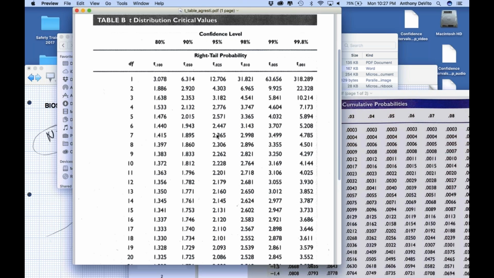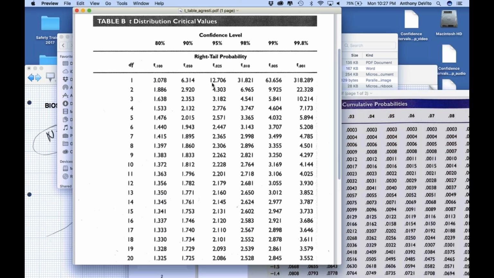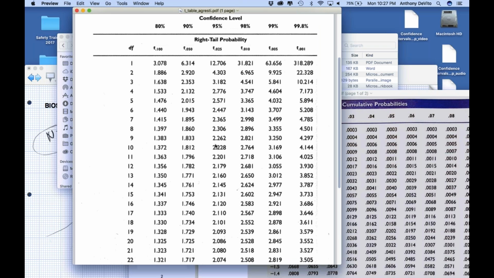And we can see it's getting bigger and bigger the smaller the sample size is. This will accommodate that extra level of uncertainty that you introduced by not knowing the true population standard deviation and being forced to use the sample standard deviation instead.